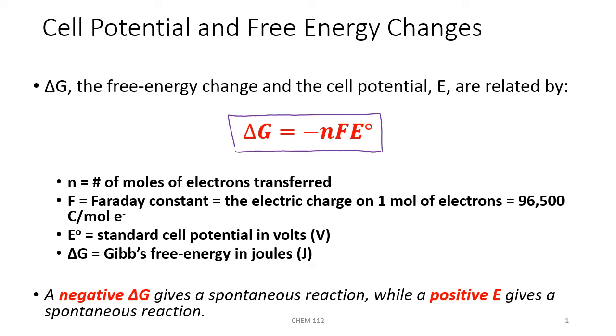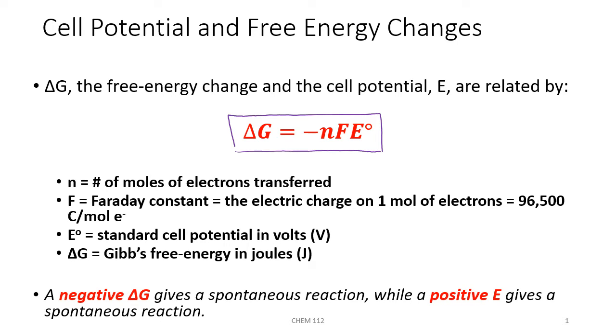It's 96,500 coulombs per mole of electrons that are transferred. And then E naught is that standard cell potential, and that will be in volts. And then delta G, as we saw before, is the Gibbs free energy, and so that's in units of joules, or sometimes you'll see that in units of kilojoules, but it's an energy.